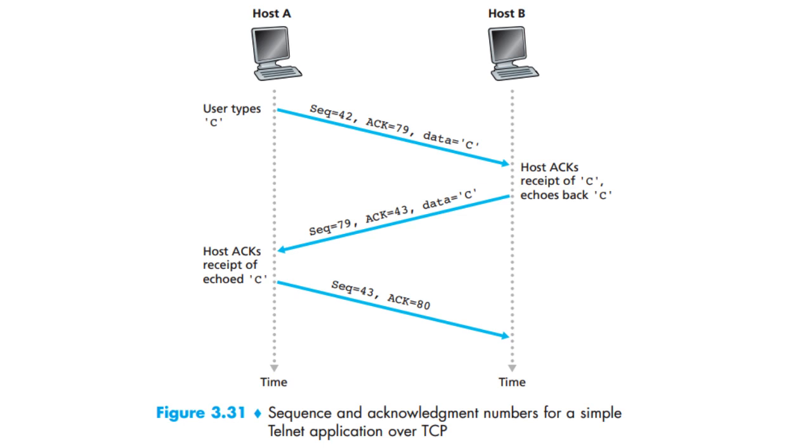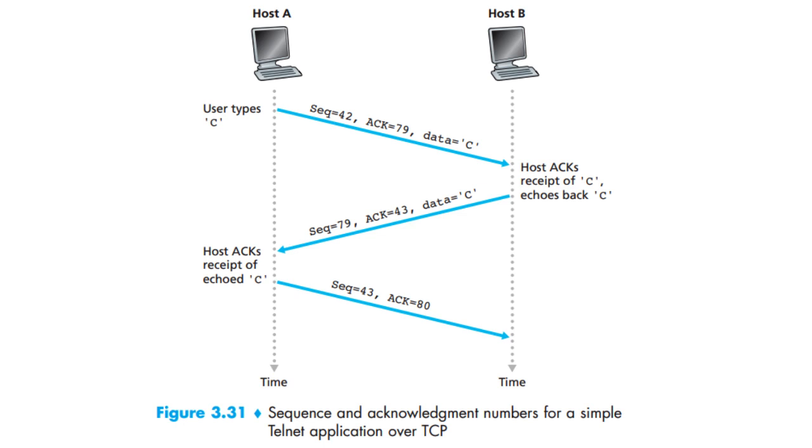This echo is used to ensure that characters seen by the telnet user have already been received and processed at the remote site. Each character thus traverses the network twice between the time the user hits the key and the time the character is displayed on the user's monitor.